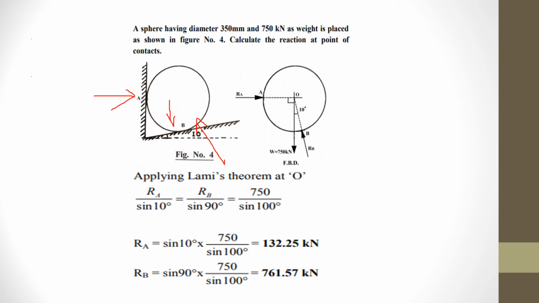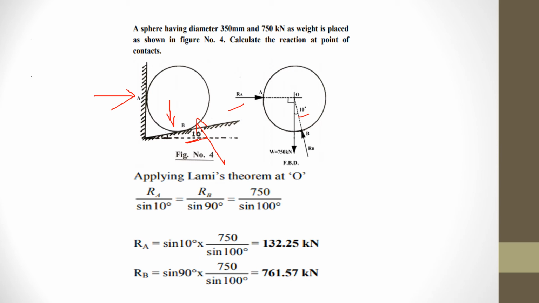So in the free body diagram there is a horizontal reaction in right direction as RA, RB, and 750 kilonewton as downward weight. Now a 10-degree angle is given here. So here the angle is 10 degree.